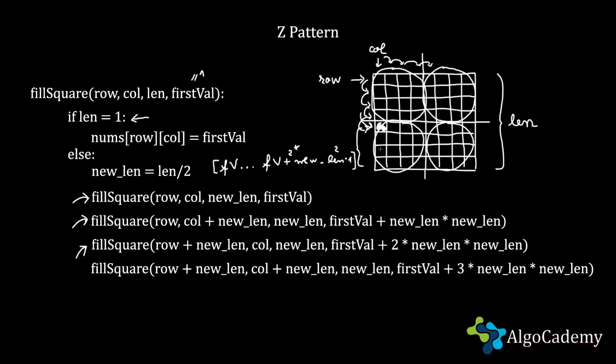Let's see if it's right. What is 1 plus new len squared, which is 16, 16 cross 2, which is 32, 1 plus 32 is indeed 33. You can check on paper, you can try out this example. This is the right formula, right?